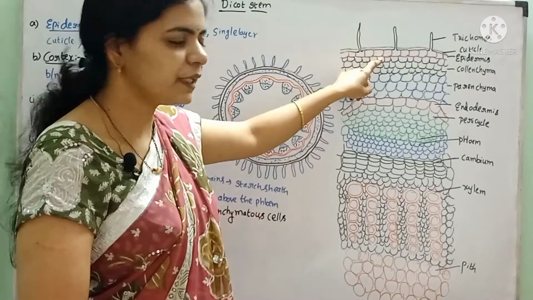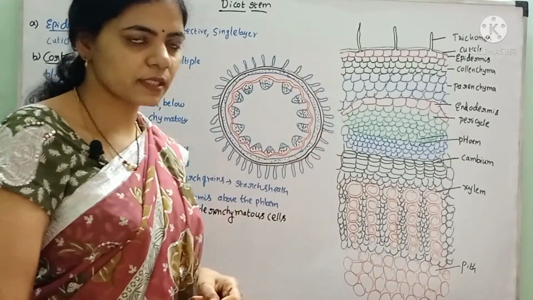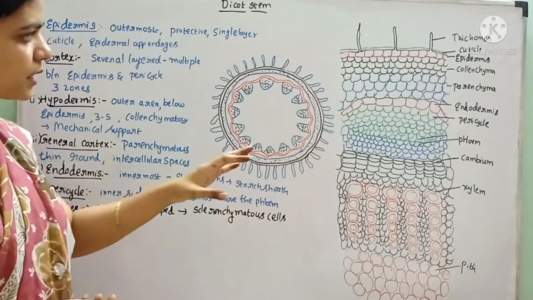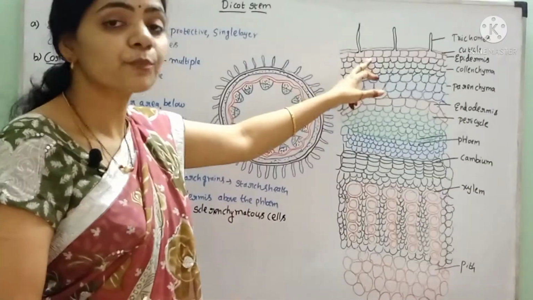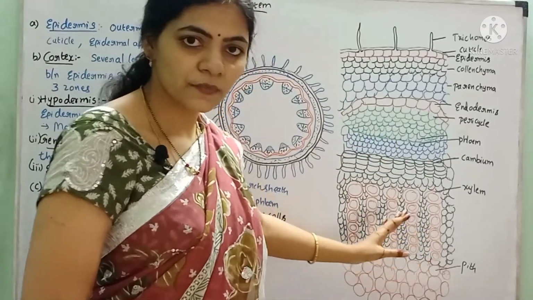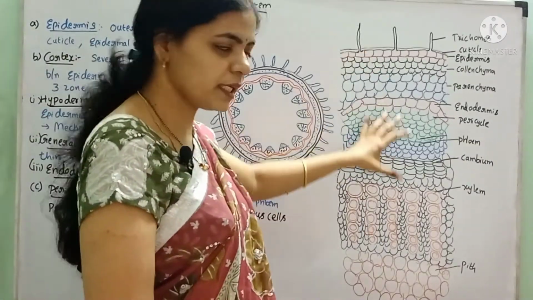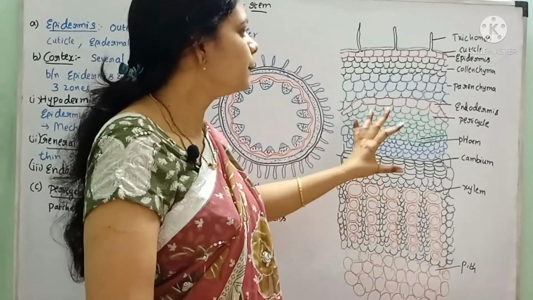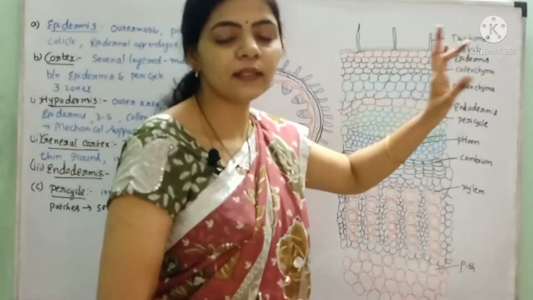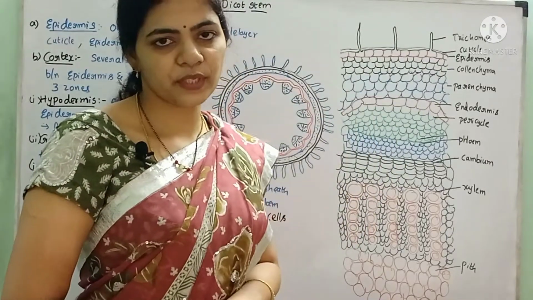Above the epidermis, this cuticle is present. The epidermis is outermost, and it provides protection to the inner layers. This epidermis is single layered, only one layer is present.